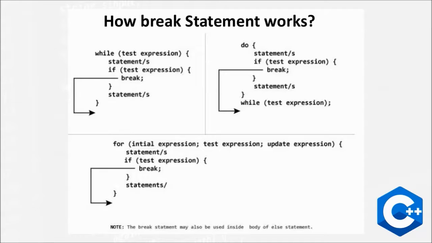Similarly, for the do while loop, after the keyword do, we start the body of the loop, and in the body we insert a set of different statements, along with a condition to check whether our result is matched or not.